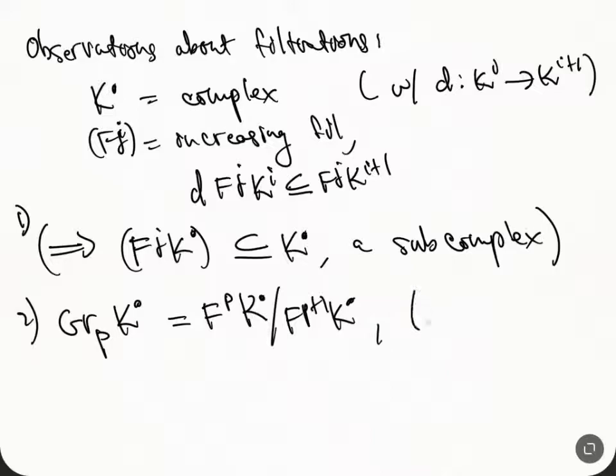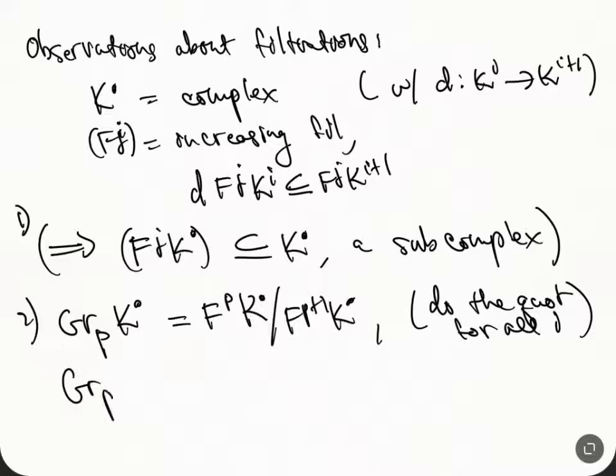You do this for all i, so you replace all the bullets with i's. And then you can check really quickly that if I do d on the p-th piece of K^{i+1}, it is well defined.